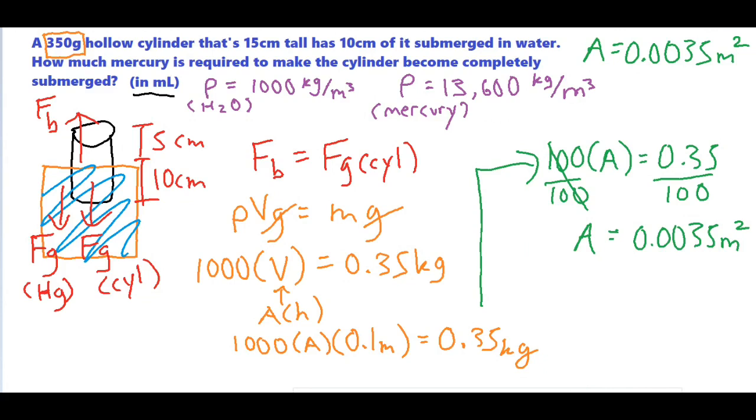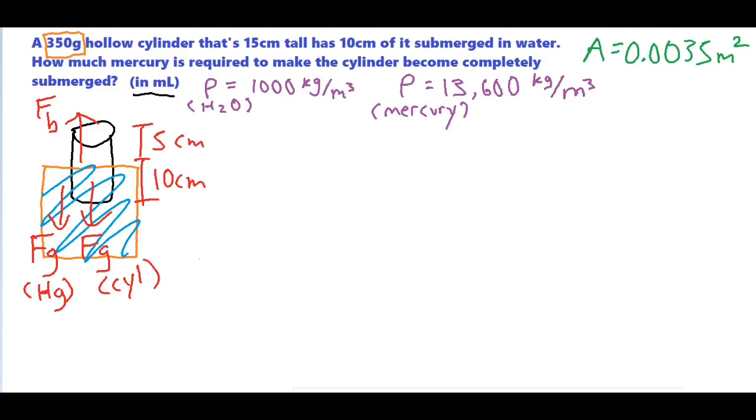And then clear some space and see if we can find a solution that will help us find the volume of mercury. Now for the second part of our problem, we are going to have this cylinder become completely submerged. So we still have a buoyant force down, but we're combining our two FGs, our FG for the mercury, and then our FG for the cylinder as well.